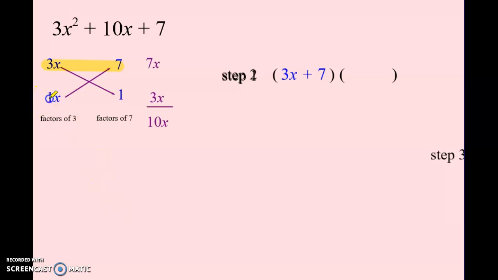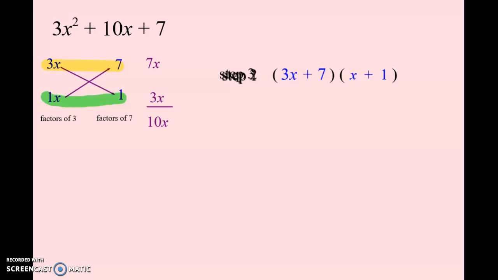Likewise, I'm going to go across here for my second term. My second binomial is going to be x plus 1. I have 1x plus 1 becomes x plus 1. Watch it again if you need to.